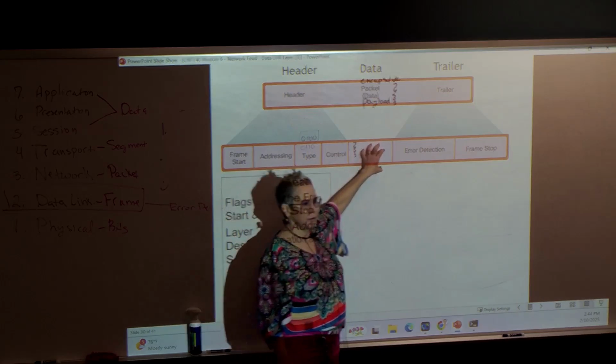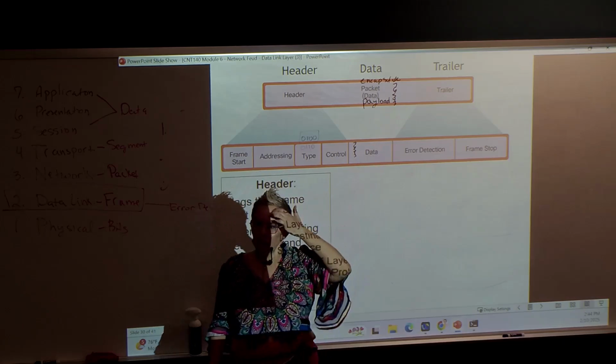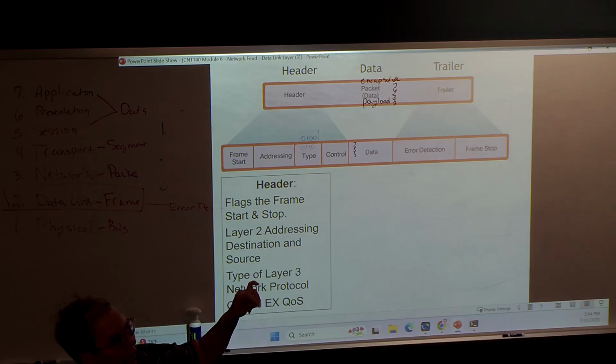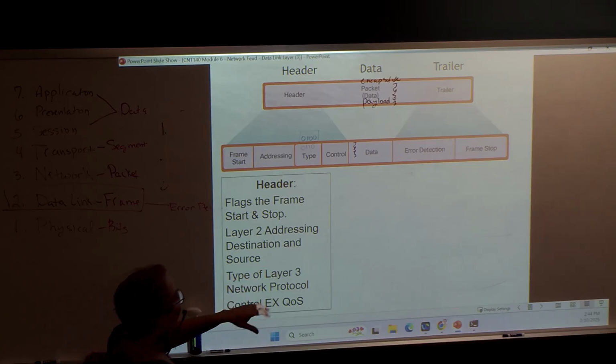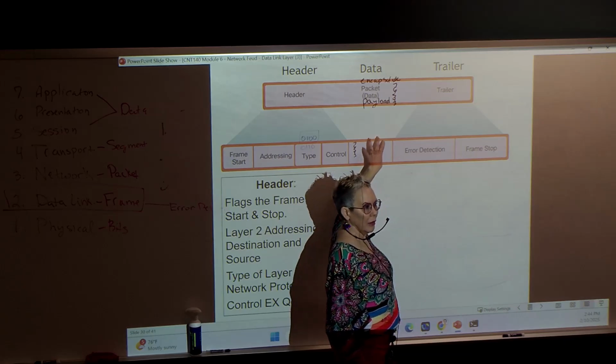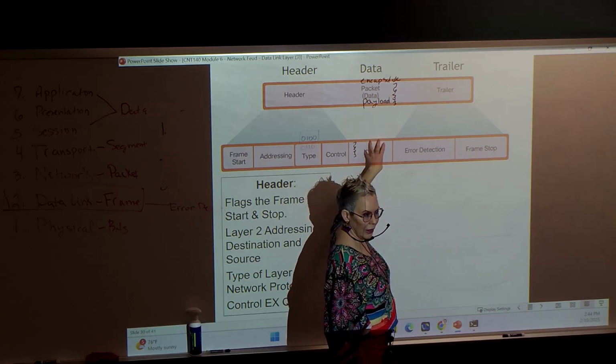What's the data? Okay, the meat and potatoes, yes, exactly right. And where's it coming from?